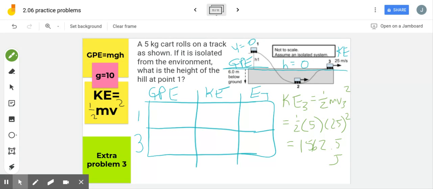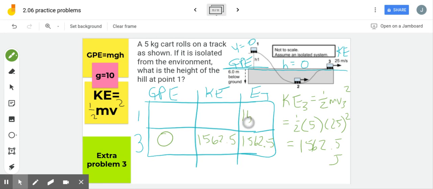And by stupid number, I mean hard for me to fit on my screen. 1,562.5. Great. We also know that at point 3, there's only KE. There is no GPE. So our total energy is 1,562.5.